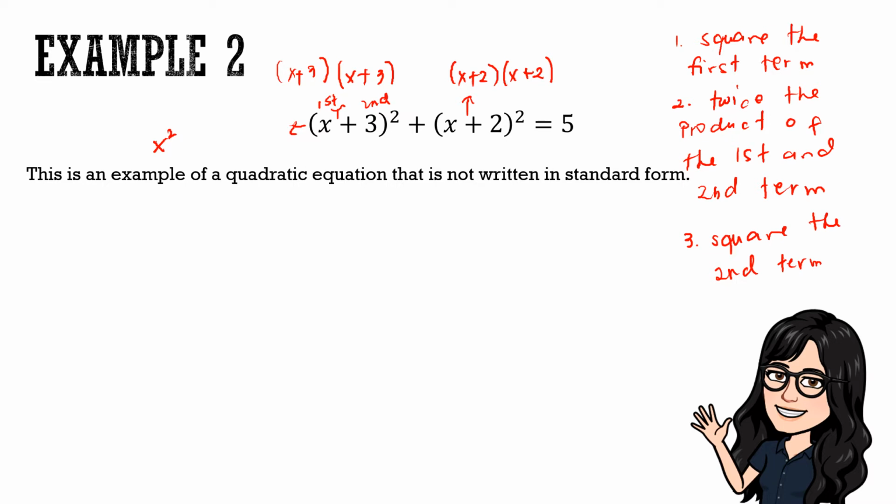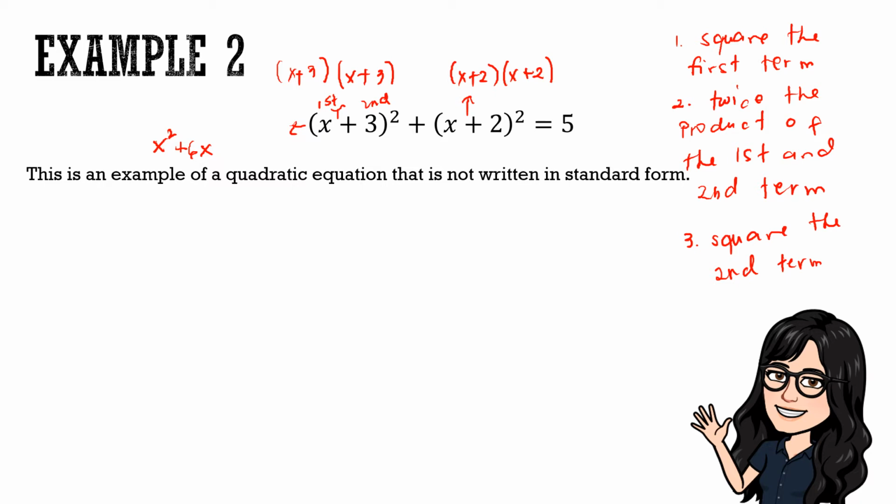Just simply multiply the first term and second term and multiply it again by 2. That means x times 3 is 3x, times 2, that is 6x. Since the operation between the binomial is addition, therefore, we will be having addition also. That is positive 6x.